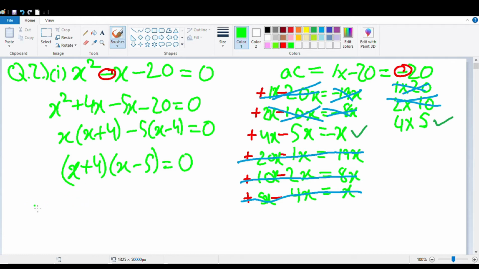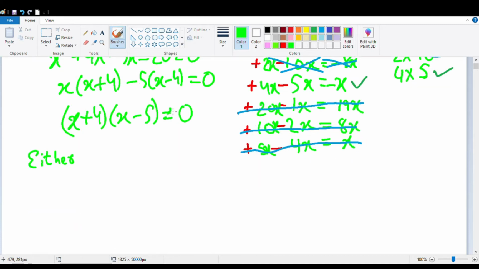So now we know that for this equality to stand, either x plus 4 must be 0 or x minus 5 must be 0. So one of them must be 0 so that they can multiply into the other, so the other can be 0 and we get 0.